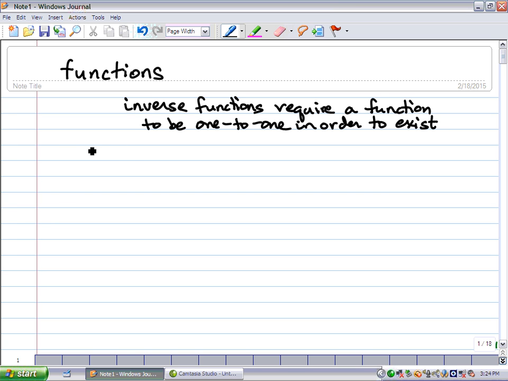So that would be the vertical and the horizontal line test. There's that, and it has to be both. So it has to pass the vertical one to be a function and the horizontal one to be a one-to-one function.